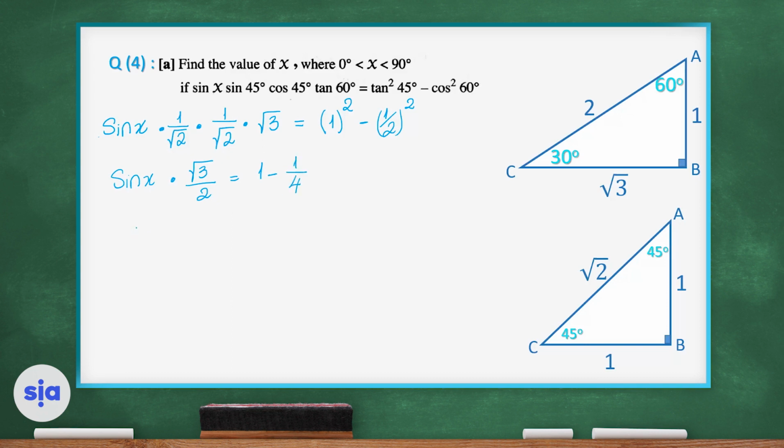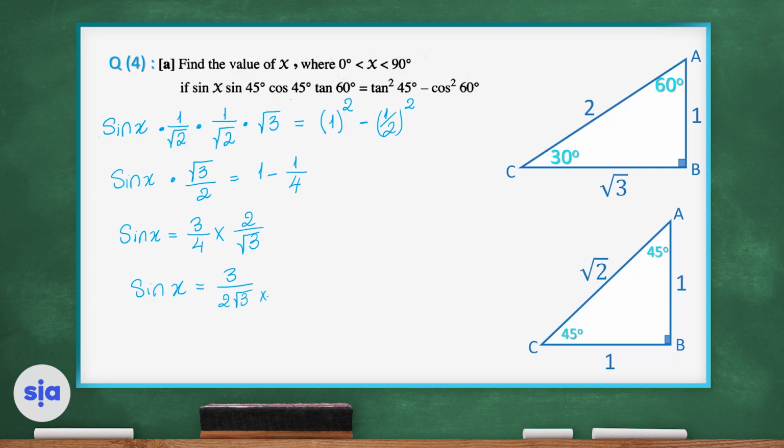Then sine x equals 3 over 4 multiplied by 2 over square root of 3. Then sine x is equal to 3 over 2 root 3.